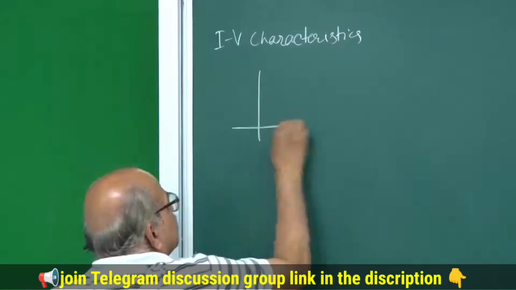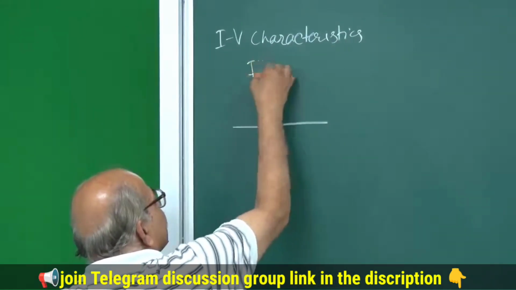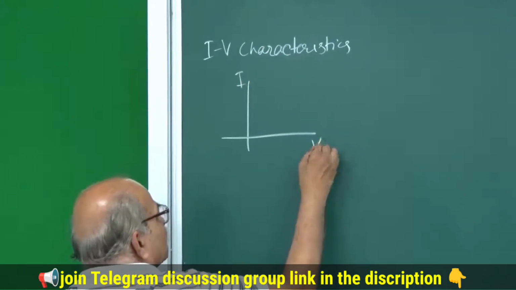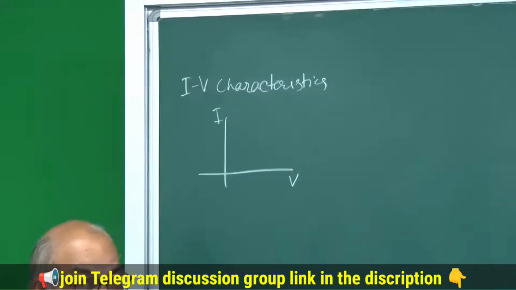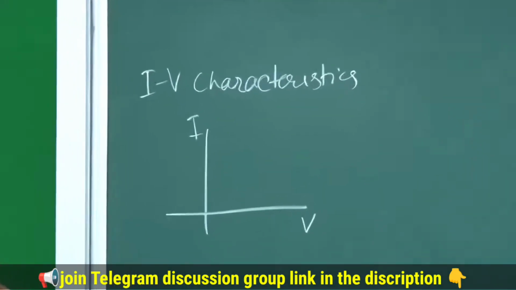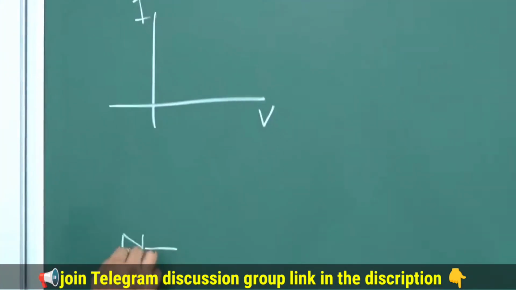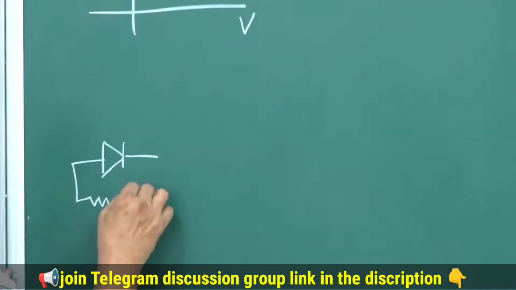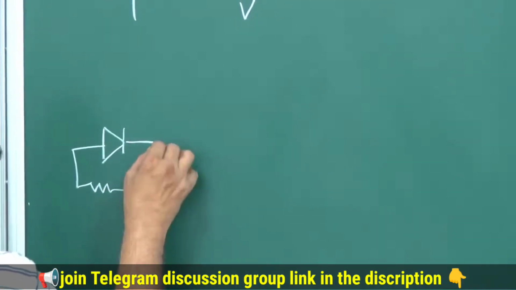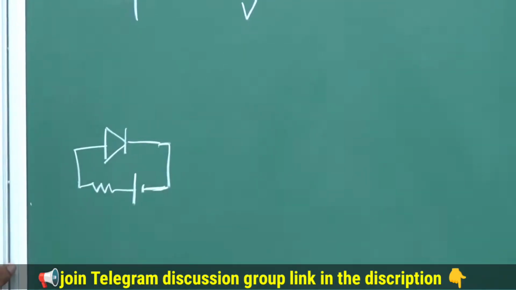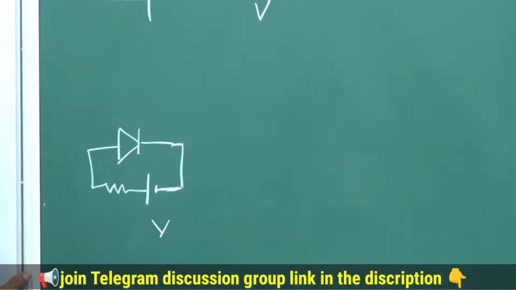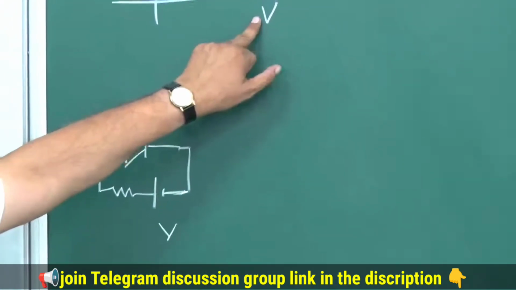For a p-n junction, just one single p-n junction, if this is I and this is V. Which V? If you have a p-n junction in forward bias, and we apply a V here, which V am I plotting here?